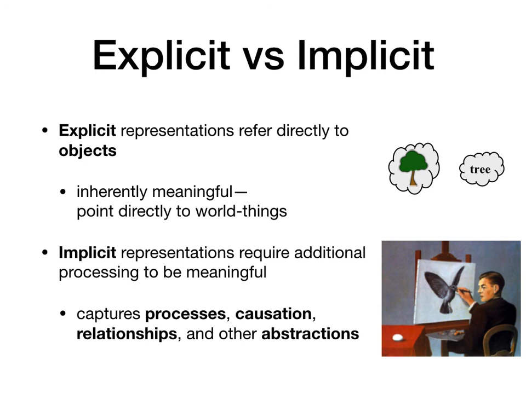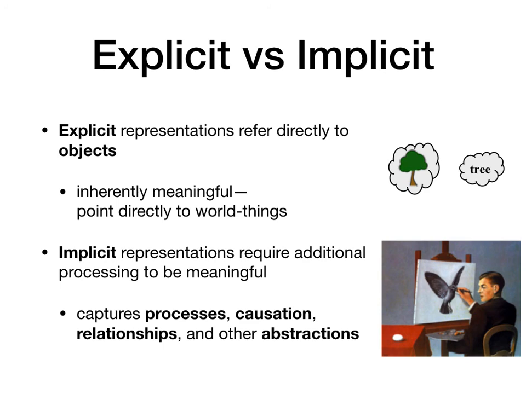And these implicit representations involve additional processing. There's some kind of causation. There's relationships involved, and other more fine-tuned abstract ways. So explicit representations are the ones that point directly to the world, whereas implicit representations will typically involve those explicit representations to create a more nuanced model of the world.